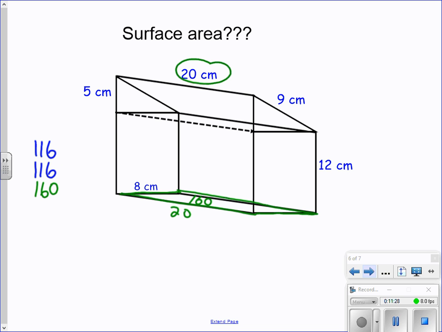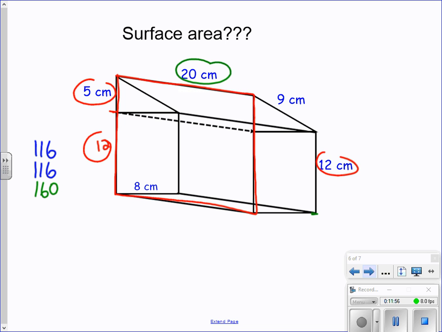All right, then let's look at this. I'm going to erase that, get it out of the way. Let's look at this giant panel that goes all the way down, all the way up, and all the way up to here. It's a big rectangle. This is 12, which means this height is 12 from here to here, but it's also 5 here.